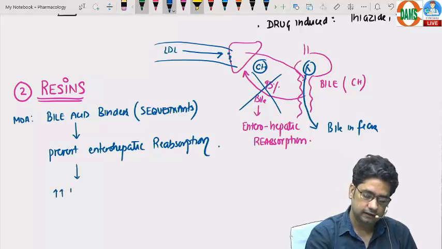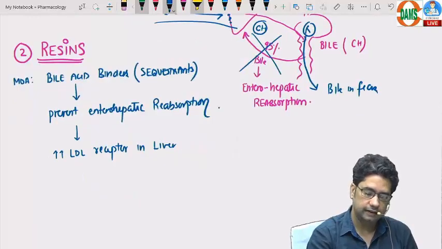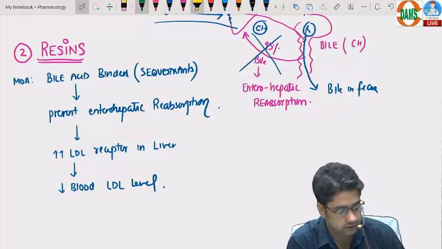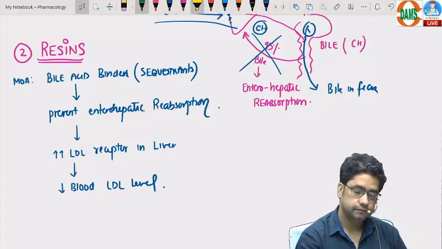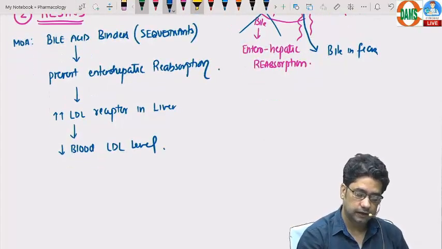It will increase LDL receptors on liver, and it will decrease blood LDL level.